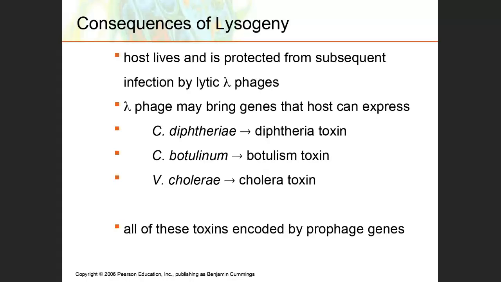So there are consequences of lysogeny, and these are positive consequences to the bacteria, negative consequences for us. One of the positive consequences to those infected bacterial cells is that if they're in an environment with many other lambda phages, and they're already infected with a dormant lambda prophage, they are protected from lytic lambda phages.